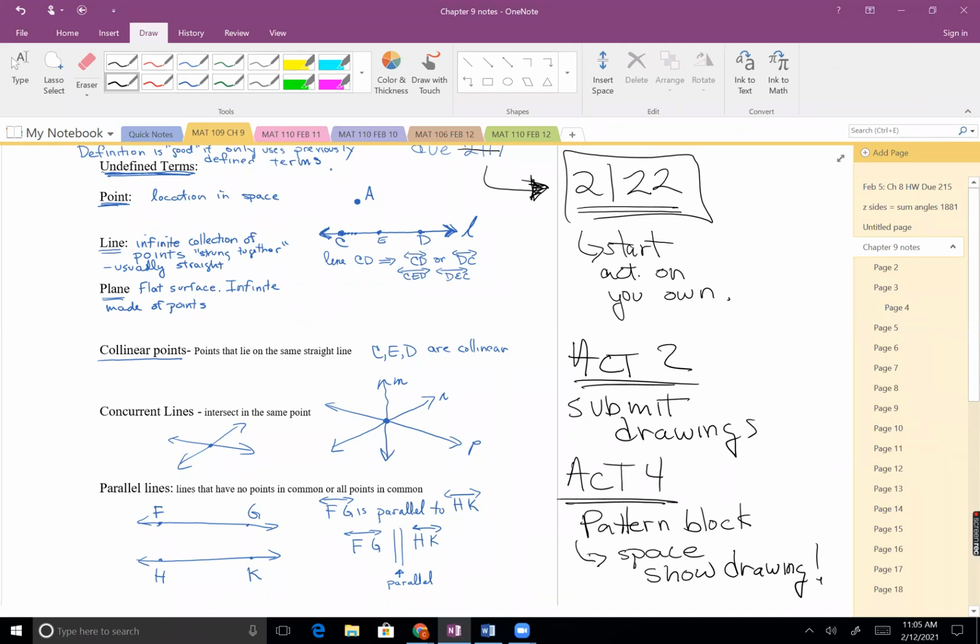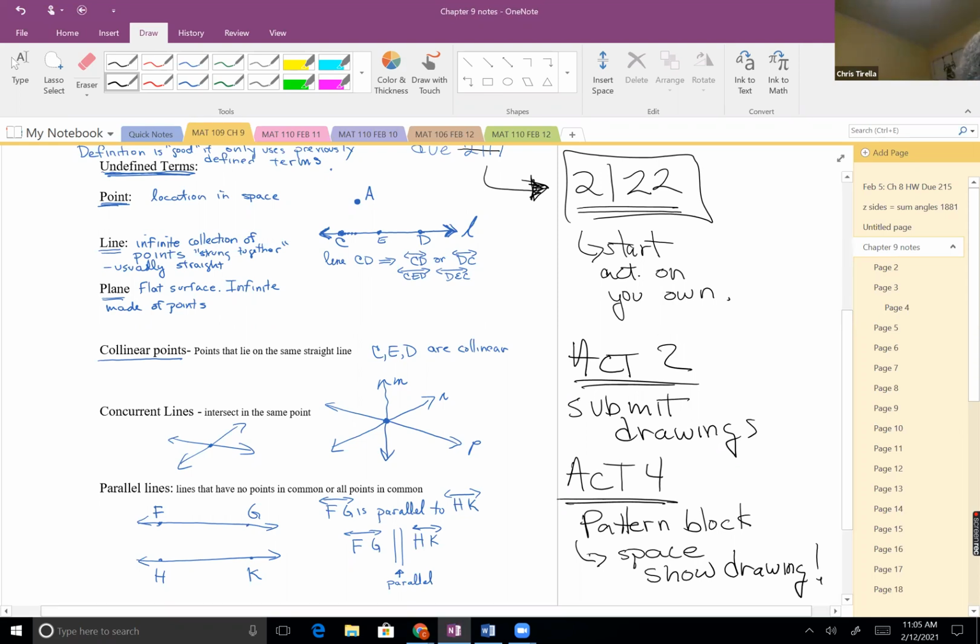The pattern blocks are in the back of the book? Yeah, they're punch out pattern blocks in the back of the book. They're in a Ziploc thing. I know that when I taught 108 last semester, I pulled all mine out and punched them out, but they're like punch cards like this.